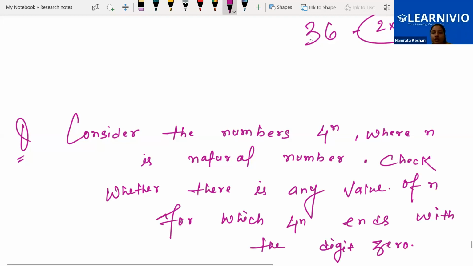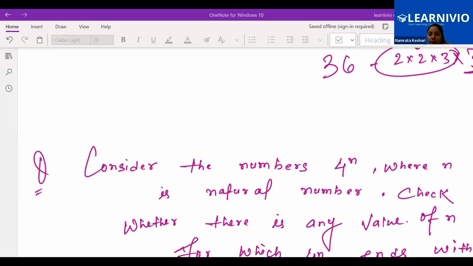Before that, first let me know, one by one, everyone, whether the fundamental theorem of arithmetic is clear to you. Yes or no? Aisha? Yes, sir. Clear. Abdul?